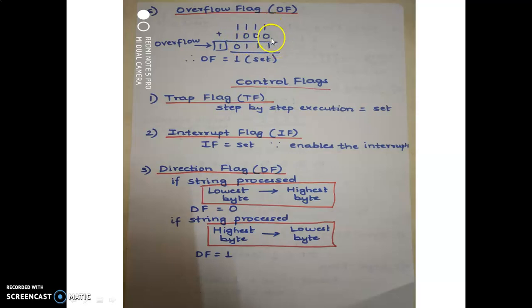But then if you add these two numbers, we get the result as 1 1 1 0 and 1. 1 is the carry, which is overflow, because the answer that is coming is of 5 bits. So this bit is a overflow bit, and whenever an overflow is generated, overflow flag will be set to 1.